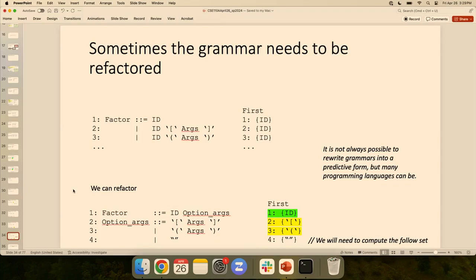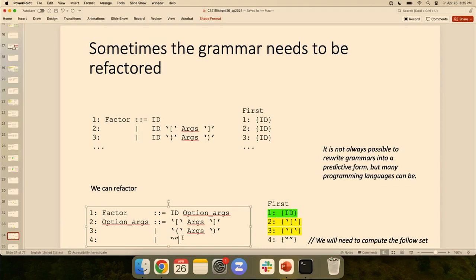Is there a difference between writing none, N-O-N-E, or just the empty string? Yeah, because what empty string means is that anything matches the empty string, and it doesn't pop anything off. None is the actual end of your string. That's what your lexer returns when it has nothing else to parse, so that means you're at the end.